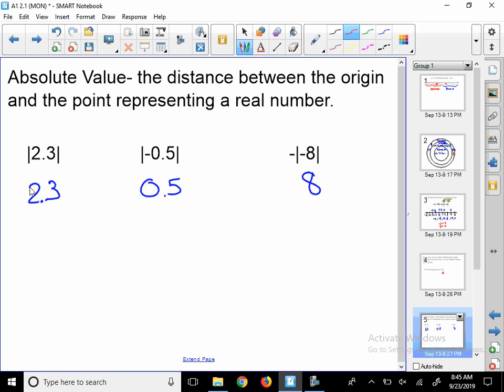However, since this negative is out here, this says take the absolute value and whatever you get, make it negative. So this is the negative of the absolute value.